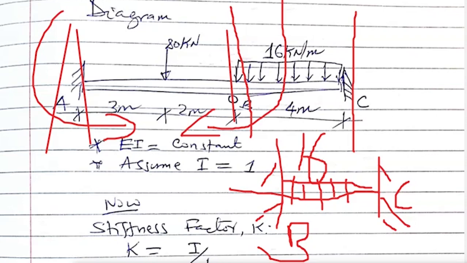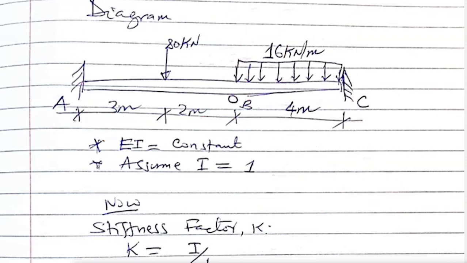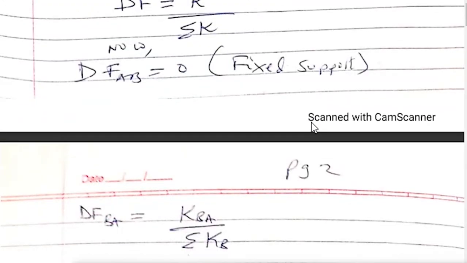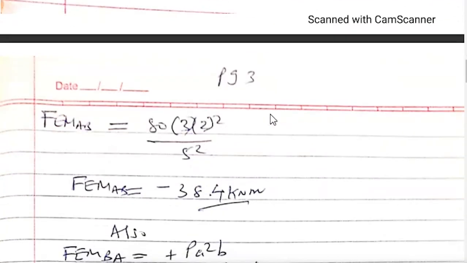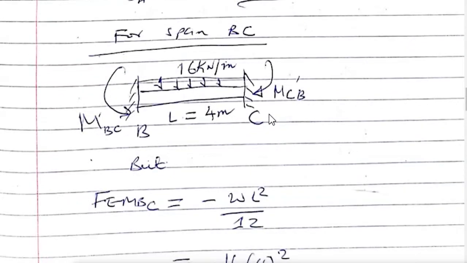Now let's proceed. On proceeding, once we take the support between B and C, it will be like this one. The distance between B and C is 4 meters, as we said.